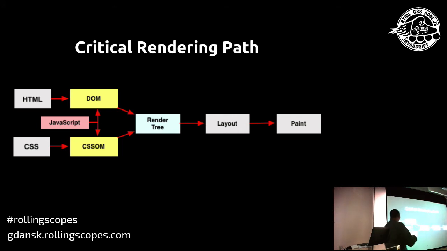If you have a huge number of items here, hidden by display none, you will not have them here in the render tree, and as a consequence, the user does not see anything there.